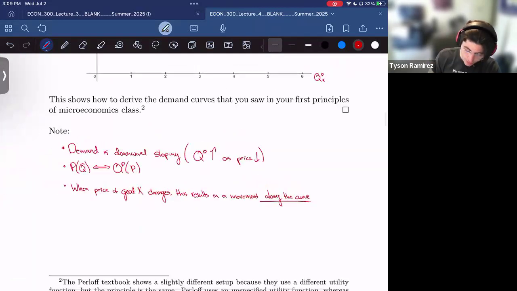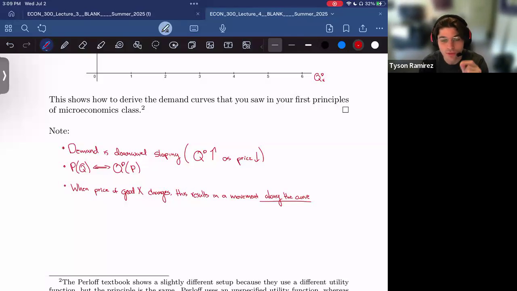All right. That part is going to be important. We need to make sure that we have that distinction down. Price changes of this good is a movement along the curve. Other things, non-price factors, are what shift the curve. But we'll see more of that later.